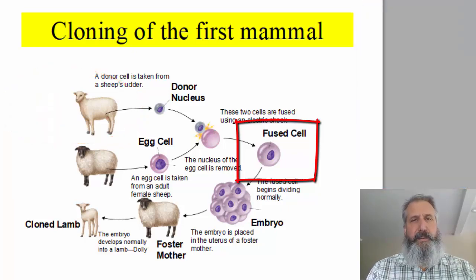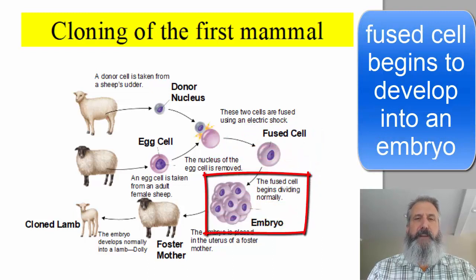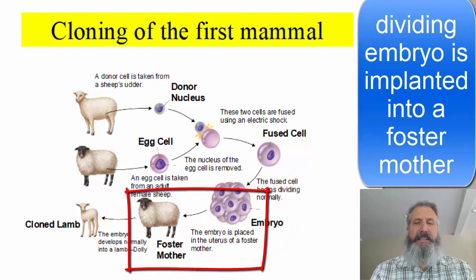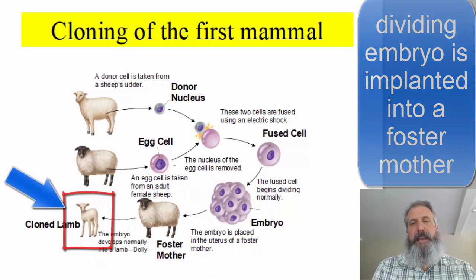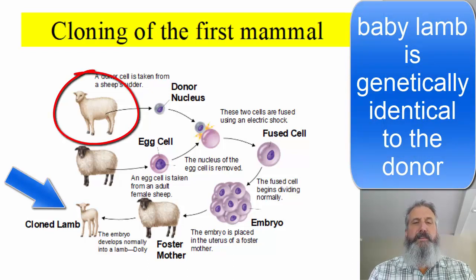The egg cell with the fused nucleus is fooled into thinking that it's been fertilized and begins to divide normally into an embryo. The dividing embryo is then placed into the uterus of a foster mother, and develops into a baby lamb. The baby lamb is genetically identical to the one donor sheep and is a clone of that sheep.